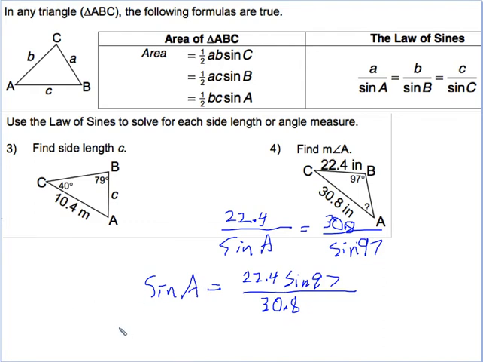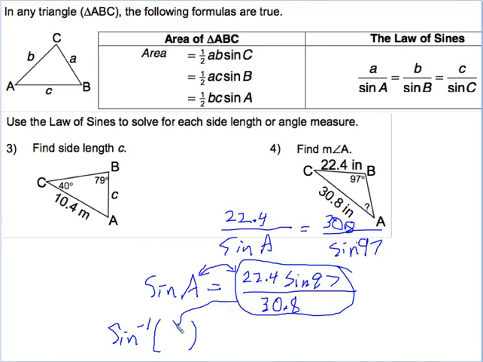Now remember with our inverse sines, when you do inverse trig functions, you're switching the angle and the ratio. So when you do that, this whole thing gets put in here, and then I will find angle A. When I plug all that into the calculator, I find that my angle is 46.2 degrees.